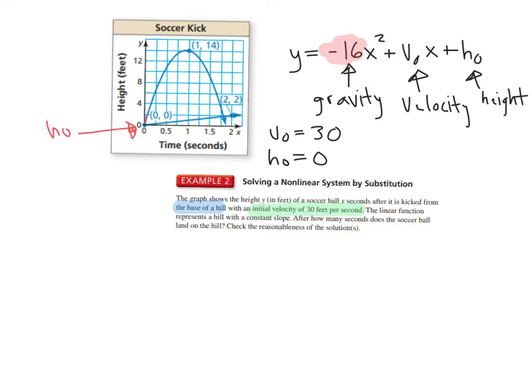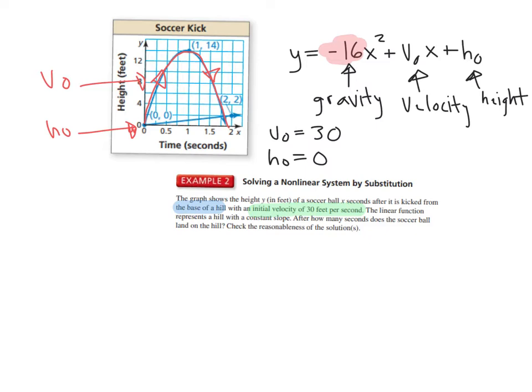The graph itself, as you move along it, is moving at the v sub o of 30, with it going down, because as something goes up into the air, it has to come back down due to gravity, which is why gravity is a negative number: gravity's pulling you down, and the direction down is what makes that number negative. The reason 30 is positive is because you kick it upward at that 30 feet per second.